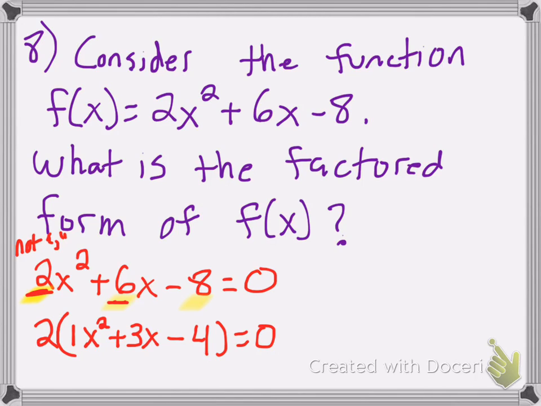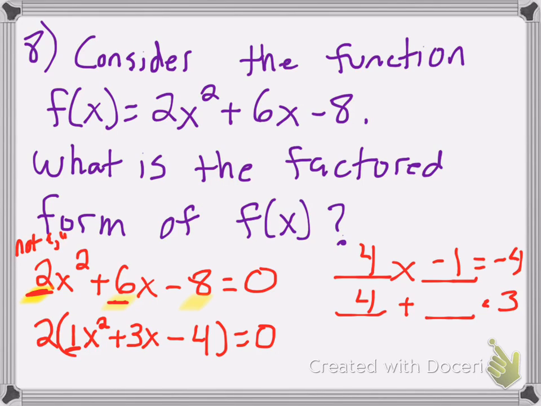Now I got to go over to the side here. Now that this is 1, I'm going to do that thing. Two numbers that multiply to give me negative 4, and I got to add to give me 3. Well, 4 times negative 1 is negative 4. 4 plus negative 1 is positive 3.